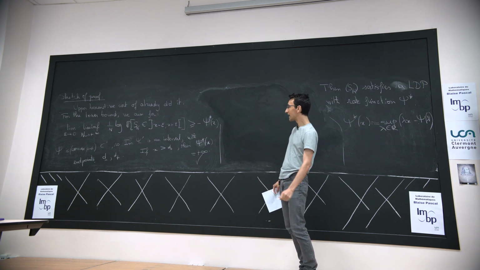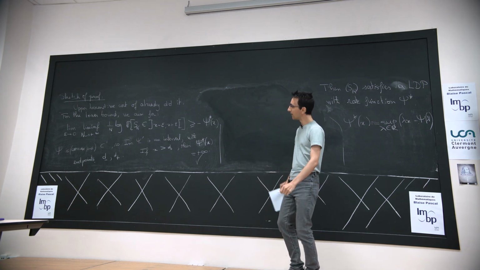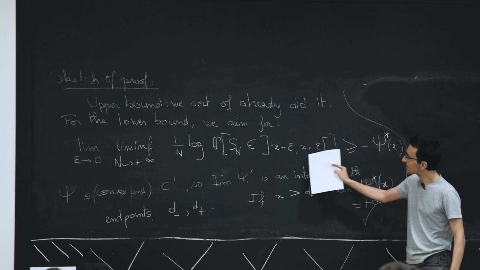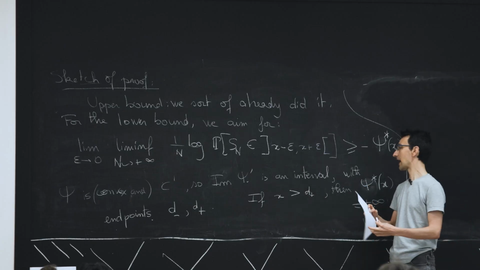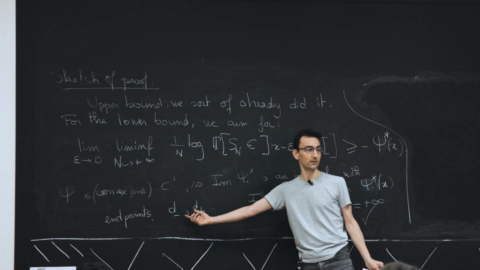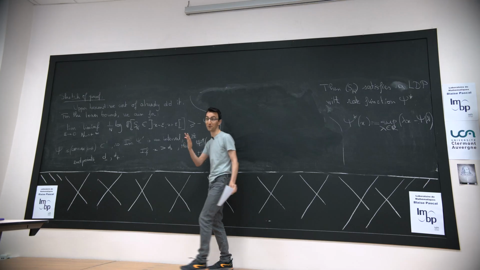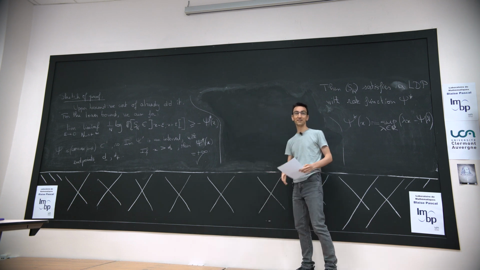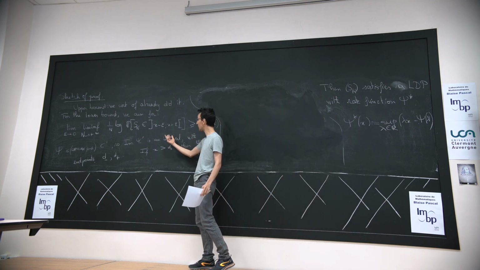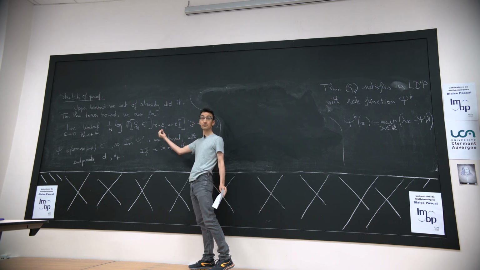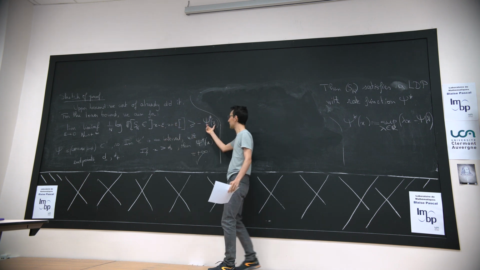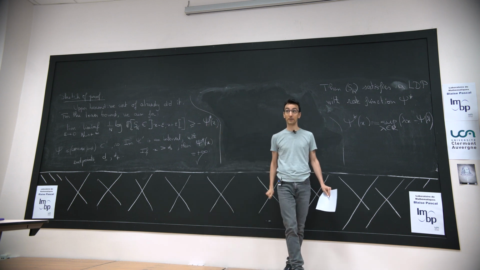Now, if x is at the endpoints, you have to be a bit careful, but because we have this epsilon of room, as long as we can deal with x which is inside the interval, everything will be fine. This is a sketch of proof, so I allow myself to be a little bit vague, but I hope it's plausible at least that if you know that the statement is valid for x inside the interval, then because you have this epsilon of room and you think about the properties of psi star, you can manage this.